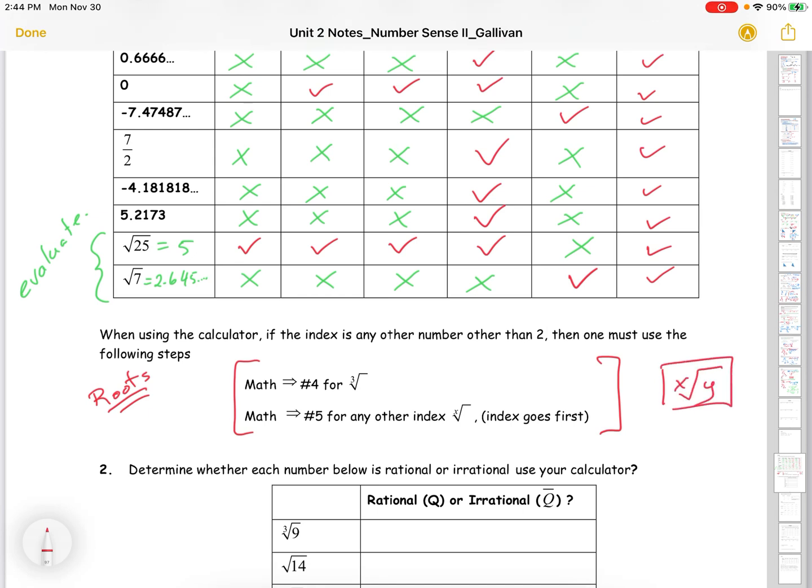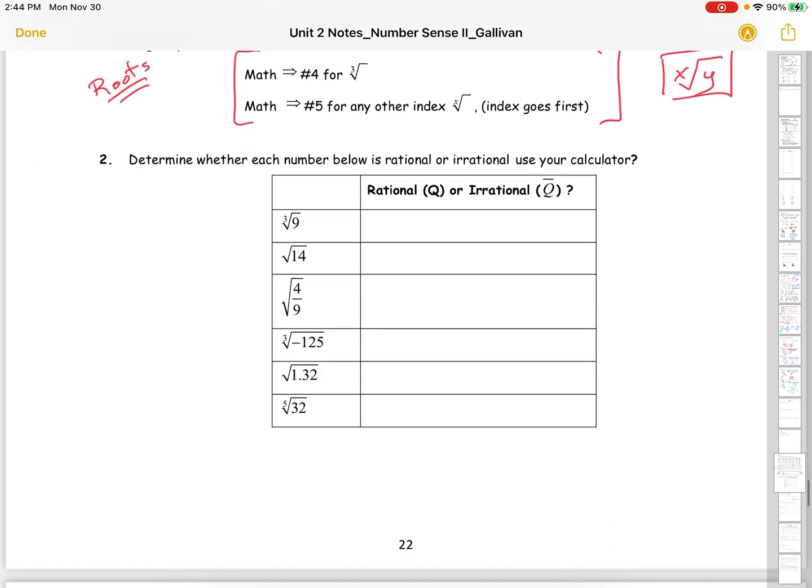So you probably have that X root Y button, and it really depends on your calculator. You all have different calculators, so we can walk through that in person. You can ask me personally, or we can check it out online.